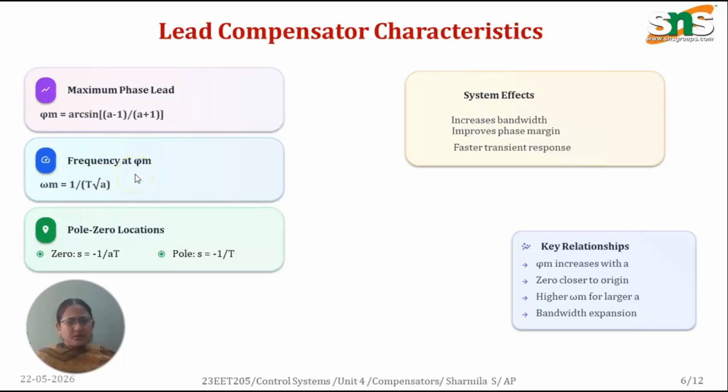The zero and pole locations are: zero at s = -1/(aT), pole at s = -1/T. Because the zero is closer to the origin than the pole, positive phase lead is produced. Overall, the lead compensator increases bandwidth, improves damping, reduces overshoot, and provides a faster transient response.